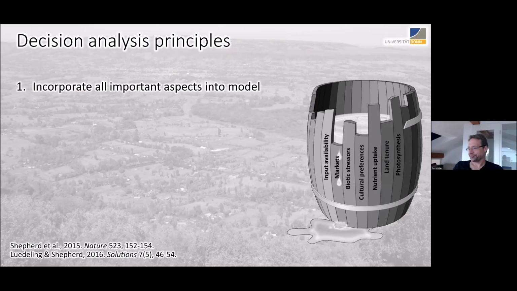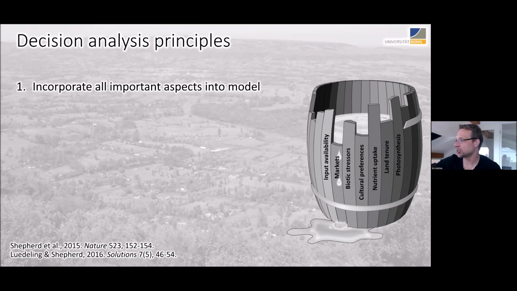I always use this barrel image to illustrate why this is important. Many of you may have seen this barrel. It is usually used in plant nutrition to demonstrate the concept of essential plant nutrients, but we can also demonstrate the usefulness of a model using a similar approach. Basically, the usefulness of the model is the water that's in the barrel.